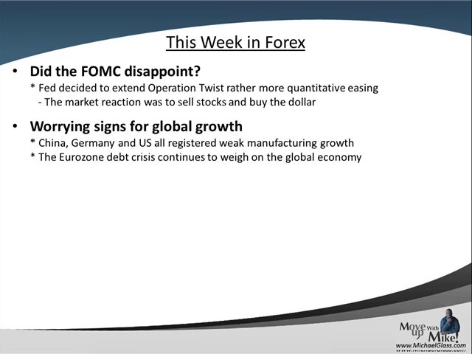And that kind of goes to the bigger concern about whether or not the global economies are slowing down. In recent weeks, we saw slower manufacturing growth from China, Germany, and the U.S. Of course, we have the Eurozone debt crisis that also continues to weigh on the global economy.